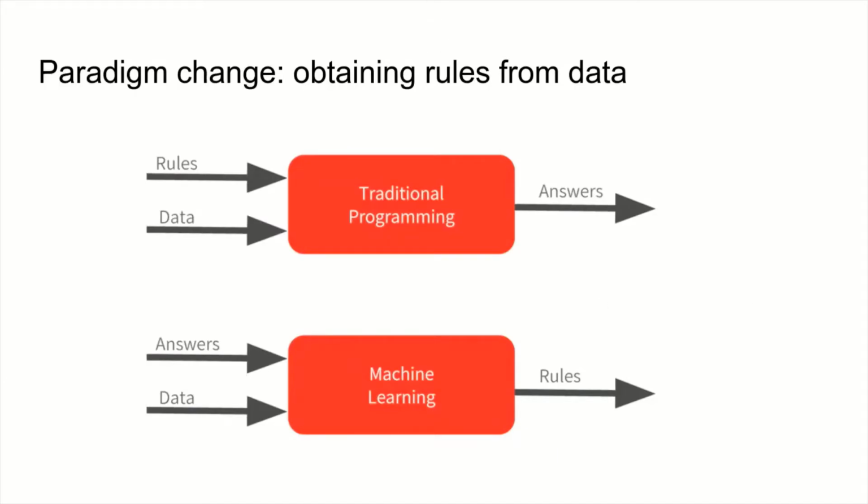For example, if you want to classify an image, how would you do that with explicit rules expressed in a programming language? It's quite difficult. So the change of paradigm in machine learning is that we have huge amounts of data, and we use that data that already has the answers to learn the rules that allow us to map from the data to the answers.